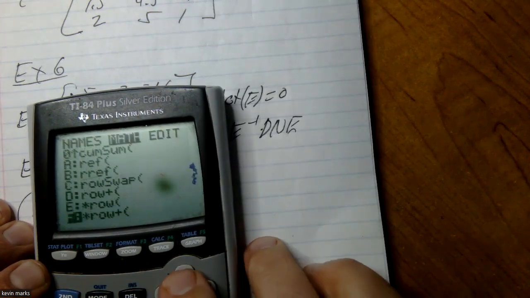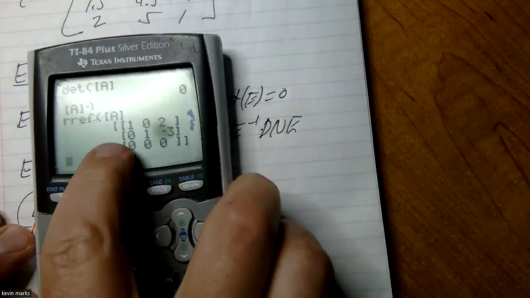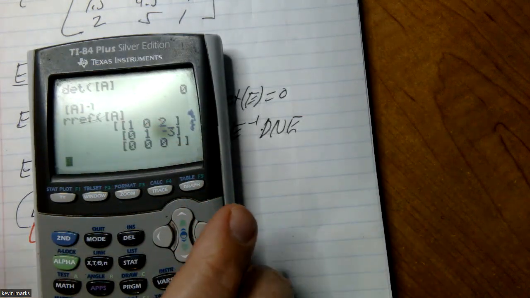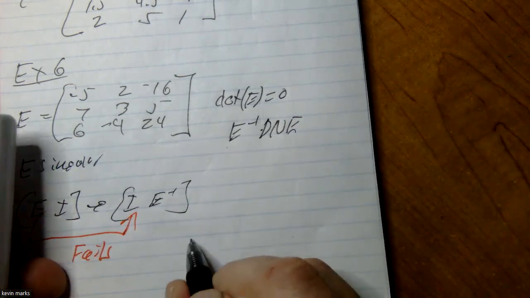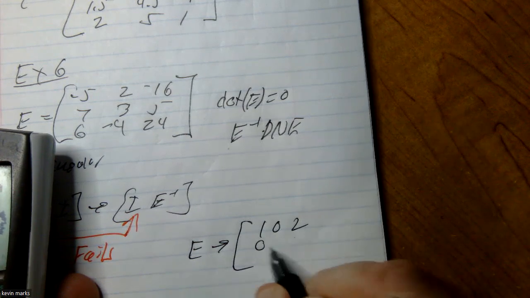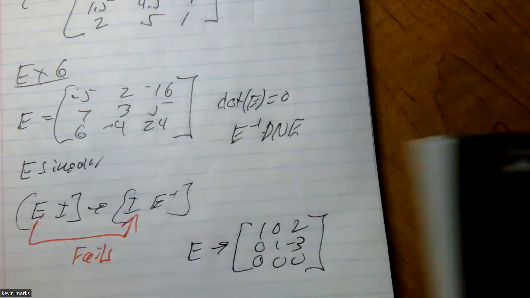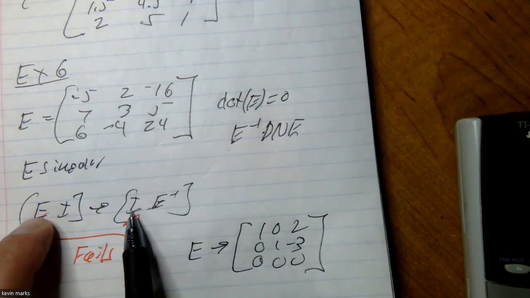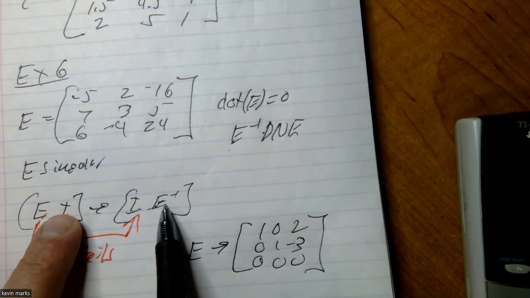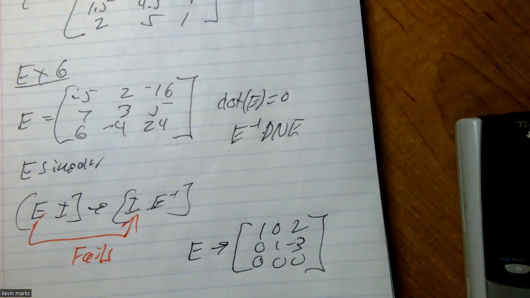If you tried to row reduce that matrix, you get a row of zeros. You can do it by hand, but the whole point is if you took E and tried to row reduce it, you would get 1, 0, 2, 0, 1, -3, 0, 0, 0, right? So it doesn't row reduce to the identity, which means I can't get the identity to row reduce to the inverse, so it does not exist, okay?